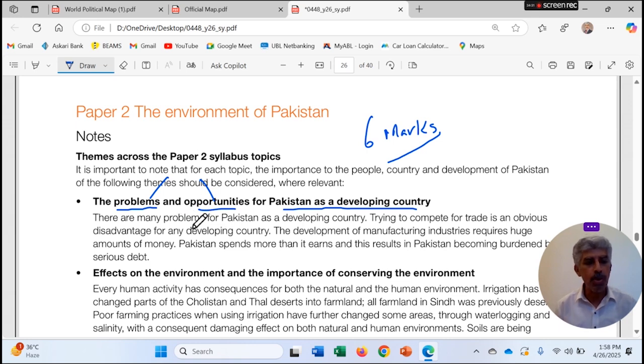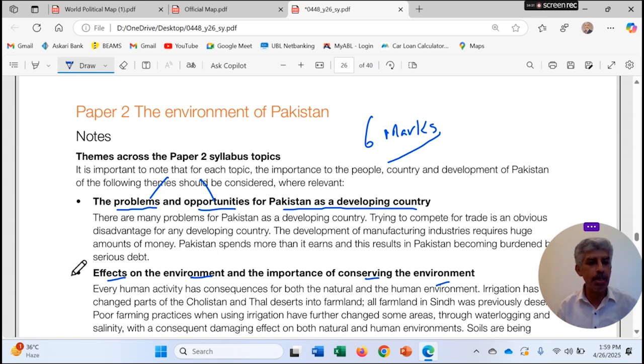In the same way, we are supposed to analyze the problems of Pakistan as a developing country in the manner of opportunities and problems. What sort of opportunities does Pakistan have, and what problems is Pakistan facing to capitalize on those opportunities to develop its economy?